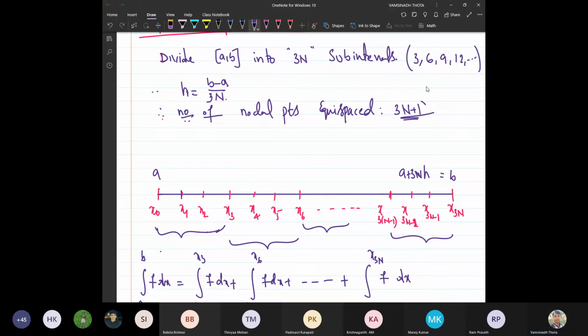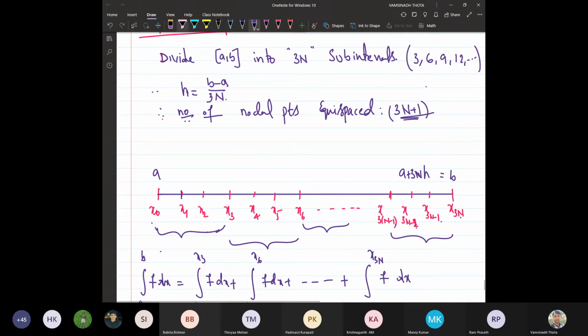So x0, x1, x2, x3, x4, x5, x6 and so on. The last one is x3n, before that x3n minus 1, before that x3n minus 2, before that x3n minus 3. 3n minus 3 can be written as 3 times n minus 1.